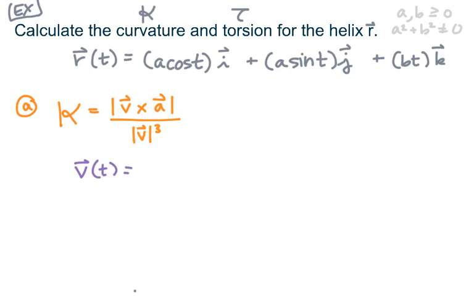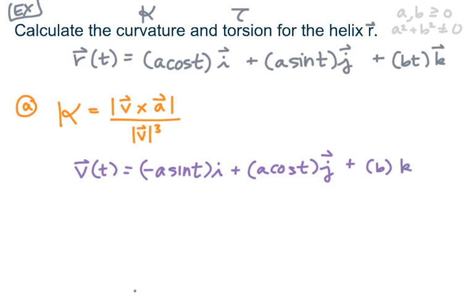So the derivative of cosine is negative sine. So I have negative a sine t i plus the derivative of sine is cosine. So I have a cosine t j plus the derivative of bt is just b.